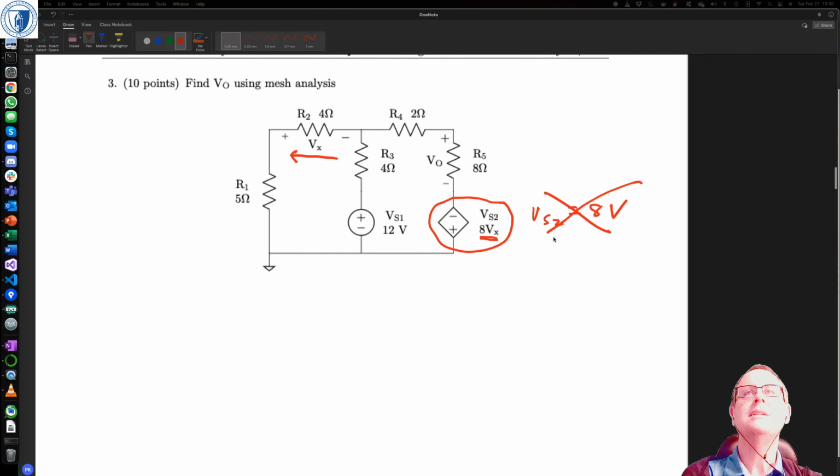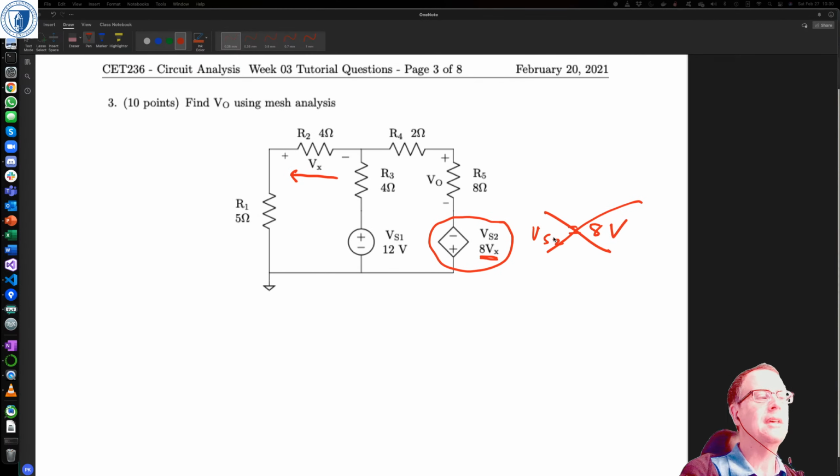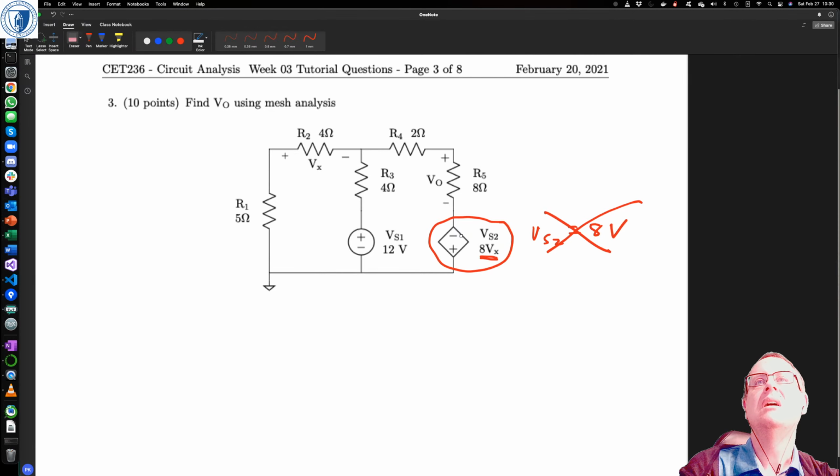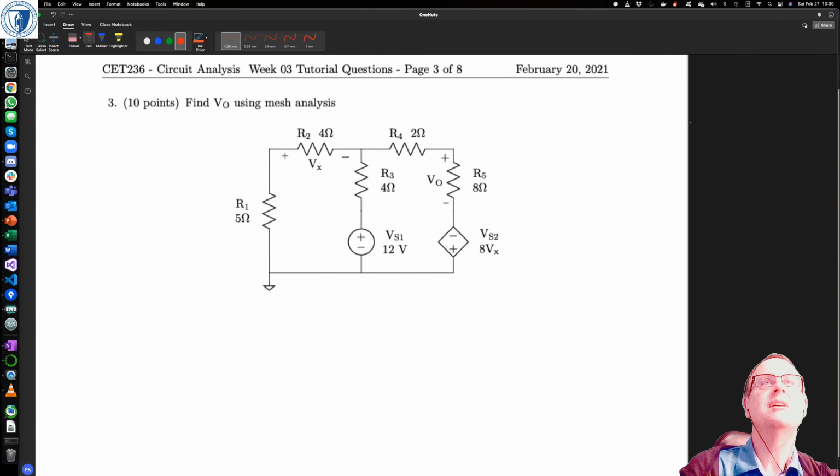So this, along with question 4, is one of the tougher ones. Okay, so let me just erase what I had there before. But the idea is pretty similar to the example that I did in class. Right, so the first thing you've got to do is define the mesh currents.